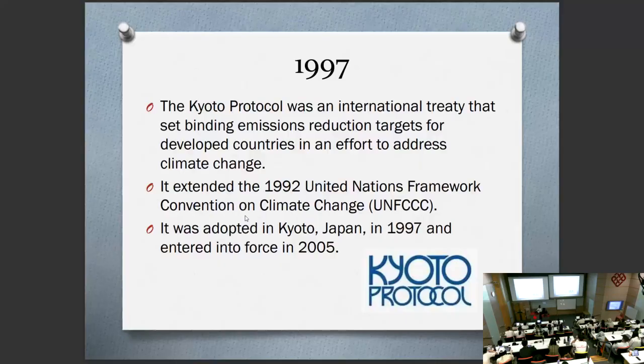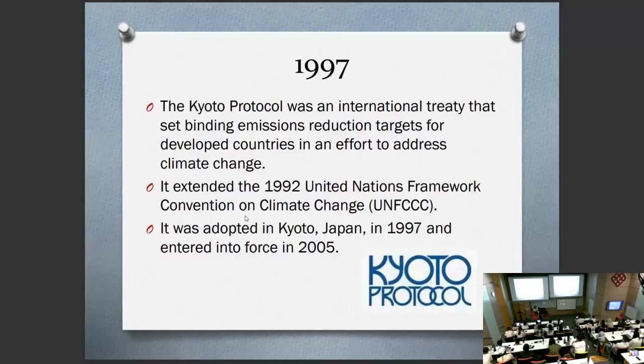It set binding emissions reduction targets for developed countries in an effort to address climate change. It extended the 1992 UNFCCC. It was adopted in Kyoto, Japan in the year 1997, and it entered into force in the year 2005.